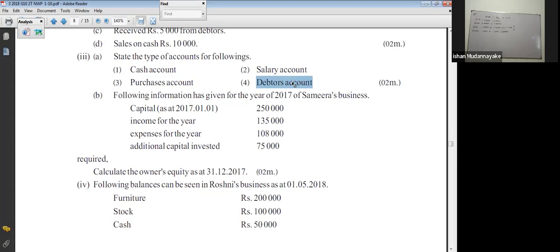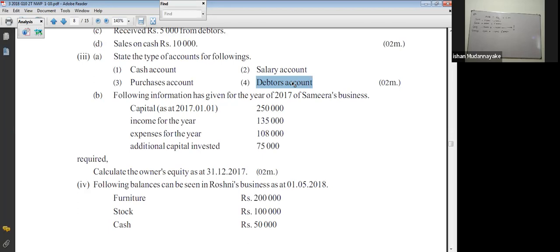Debtors asset account. Right, asset account.